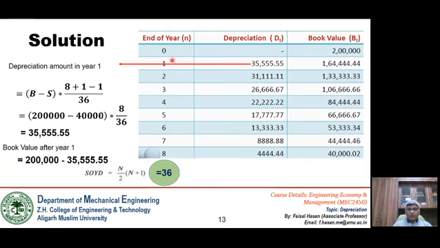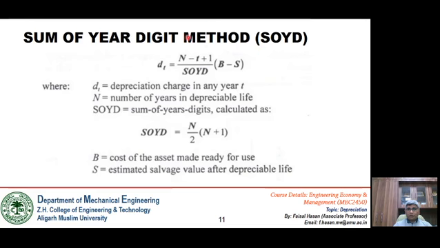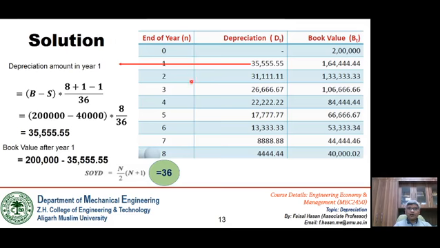Now, whenever we are computing the depreciation for year 1, instead of remembering or using this formula, we can simply write these digits in reverse order. If I write these digits in reverse order, what do we have?